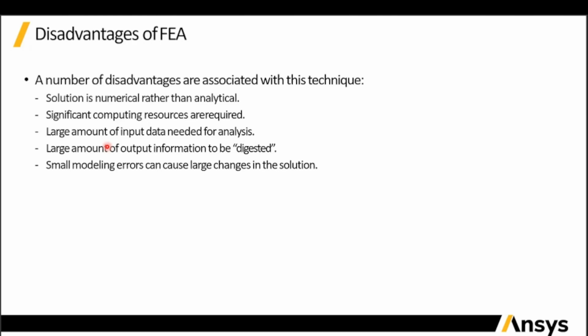You should first understand the problem, and only then will you be able to analyze it accurately. Then, a large amount of output information has to be digested. It will give you different types of output information, so you have to pick the ones necessary for you.